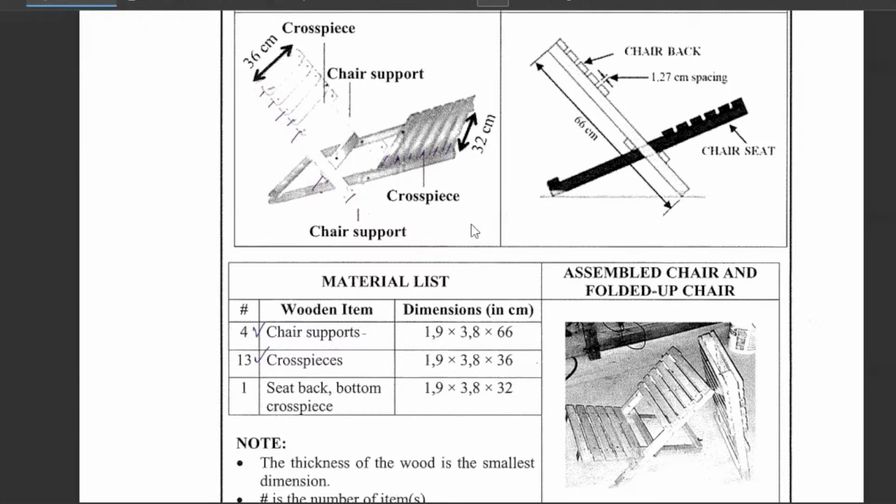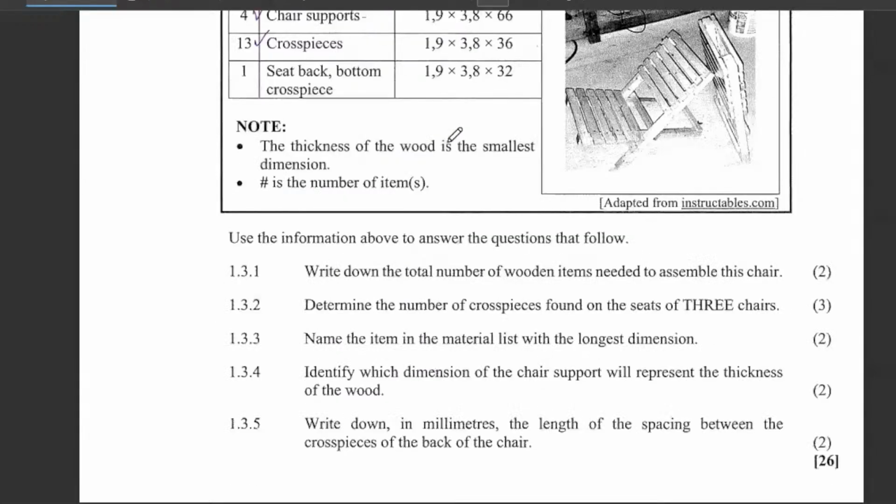Then the supporting ones are these ones that we saw already: 1, the other side 2, 3, and 4. We are looking at wooden, so we need to add the 4 and the 13. 4 plus 13 becomes 17. The seat back bottom cross piece items just make up one chair.